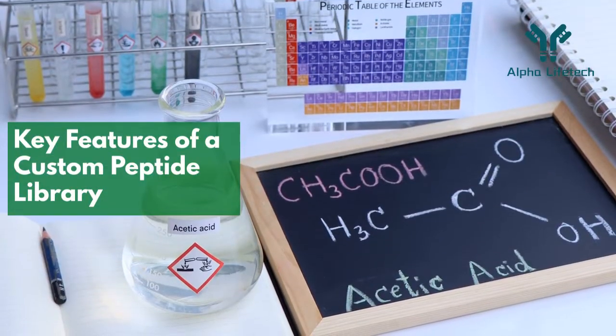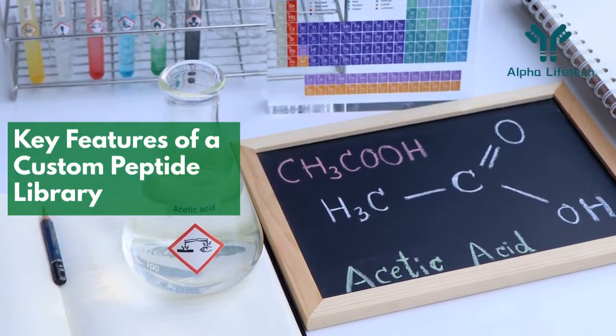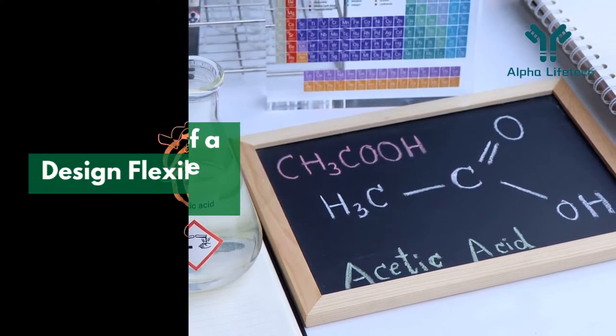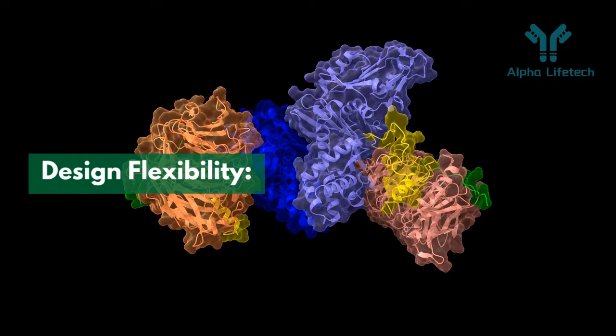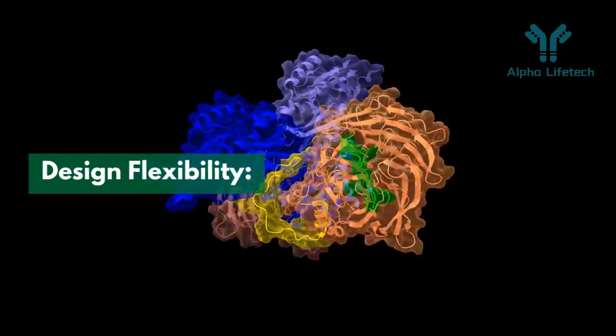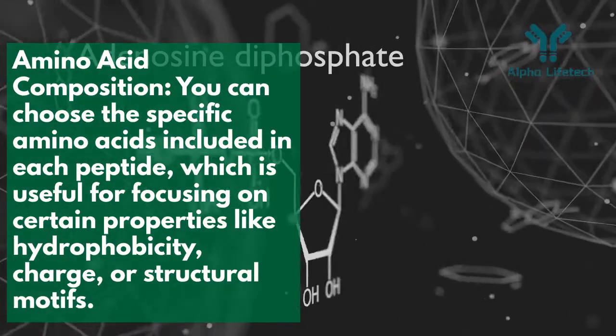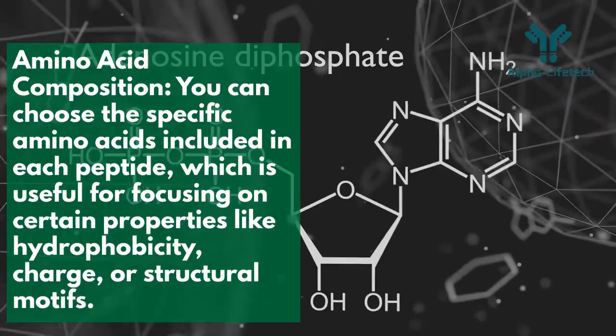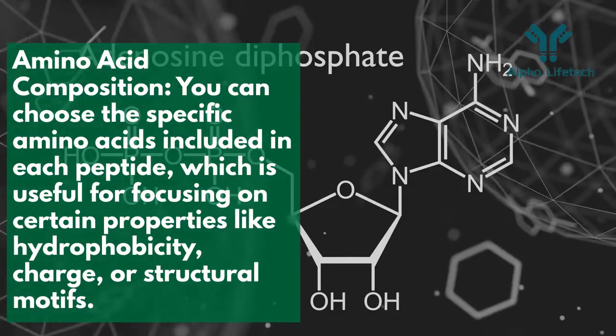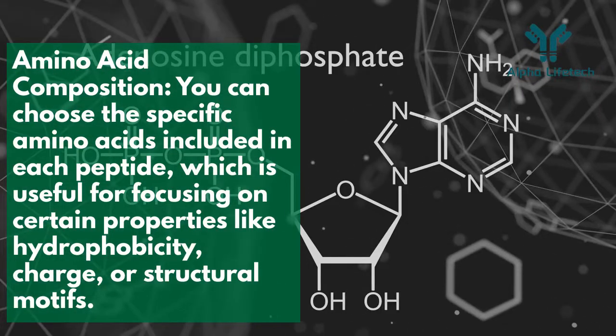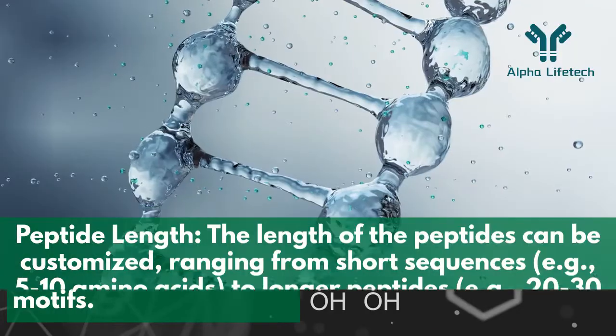Key features of a custom peptide library. Design flexibility. Amino acid composition. You can choose the specific amino acids included in each peptide, which is useful for focusing on certain properties like hydrophobicity, charge, or structural motifs. Peptide length.